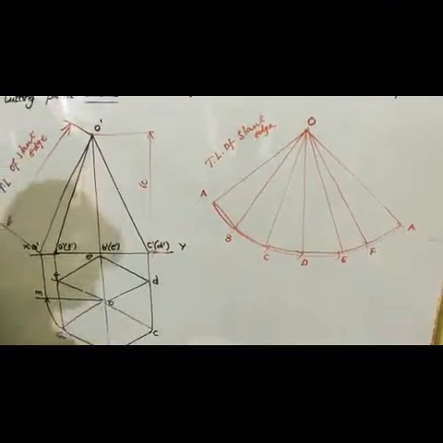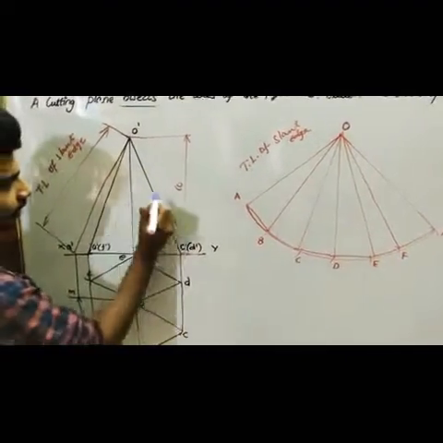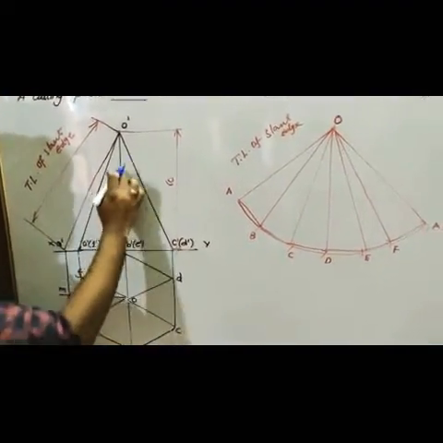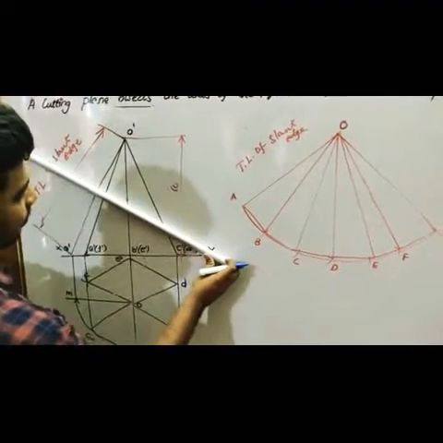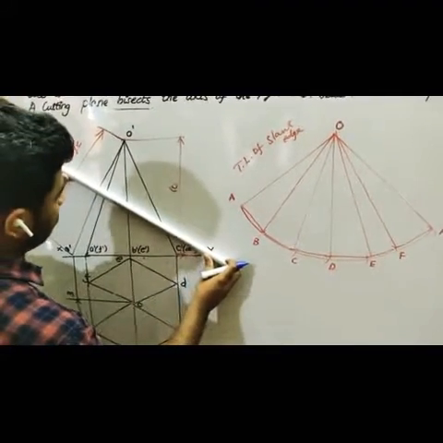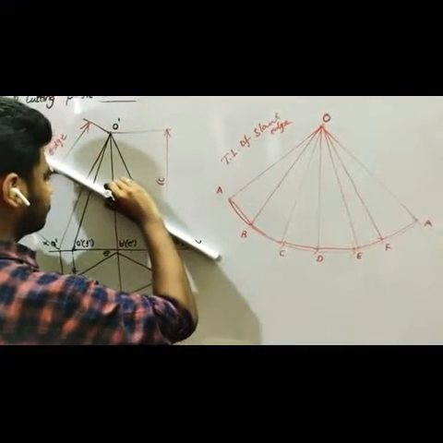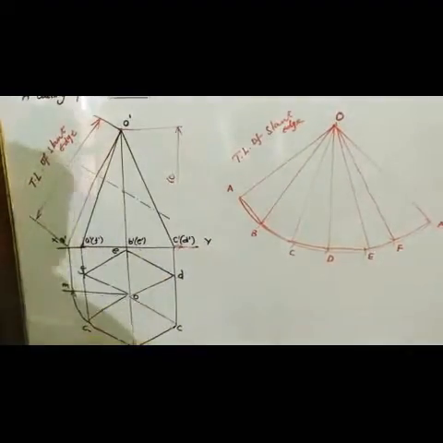Right. So now I am going to make a cutting plane that is passing through the center. This is my bisect point of the axis. This is your 30 mm, and I am going to draw a cutting plane passing through this point like this.